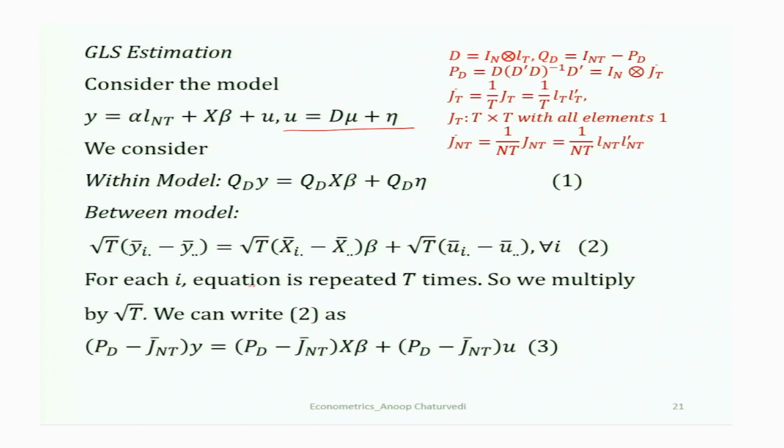Actually, for each i the equation is repeated T times. So, we multiply by under root T, or we can also write this model in terms of P_d as (P_d minus J bar nT) y equals (P_d minus J bar nT) x beta plus (P_d minus J bar nT) u.